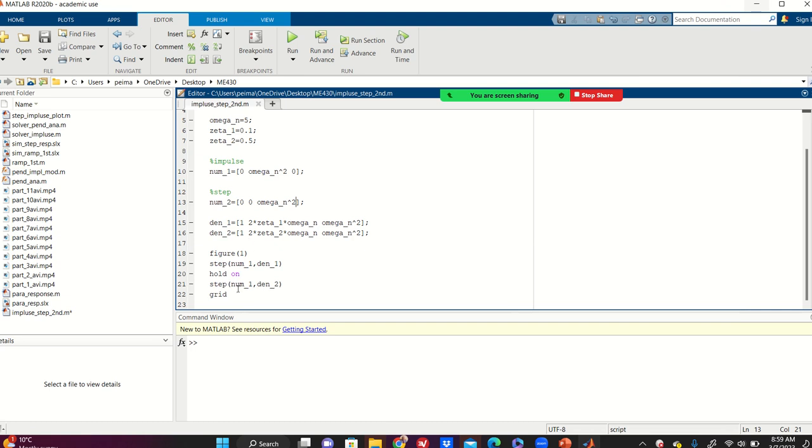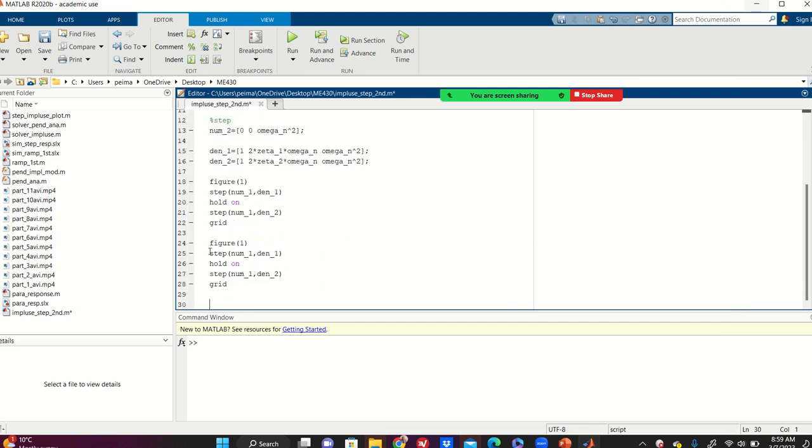Now I'm gonna repeat everything for figure 2 for the step response. Figure 2 is gonna be num2, num2.